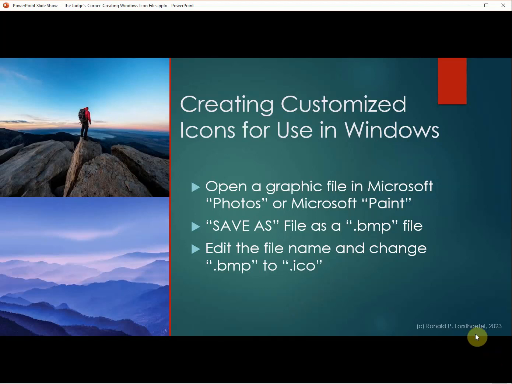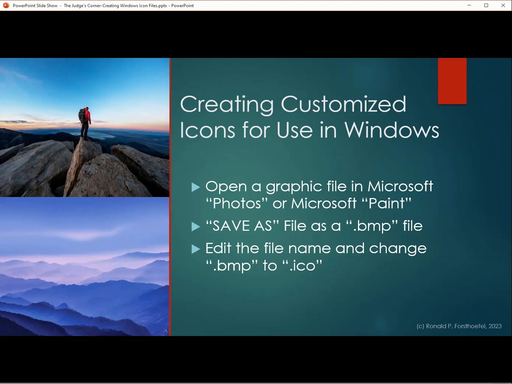Basically what we do is we open a graphic file in Microsoft Photos or Microsoft Paint, Paint 3D, anything that allows you to manipulate and edit a graphic file. And in that software application, you save that file that you've got opened as a .bmp file or bitmap file.